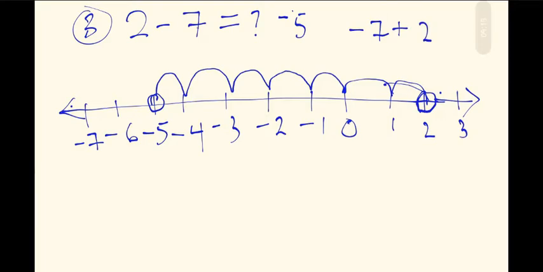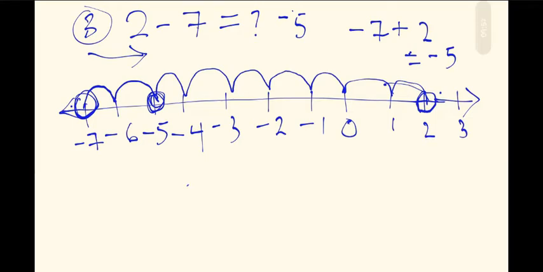So we can also solve this way. We mark our -7 here, and then we are adding 2. So we move to our right. 1, 2. See, it also fell on -5. So that also gives us -5.